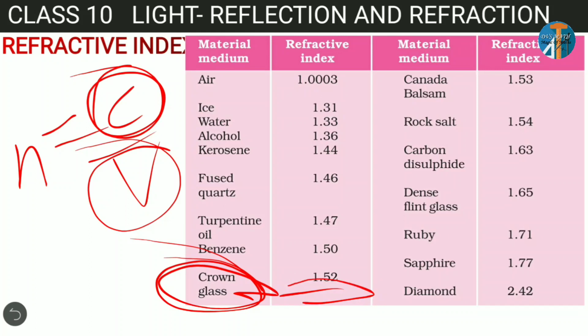I think it's clear now. So this is about this table. They will pick one medium and give the refractive index, and you have to define that statement. Just take the ratio of the speed of light in vacuum to the speed of light in the respective medium, and mention the refractive index. Okay, this is about refractive index.